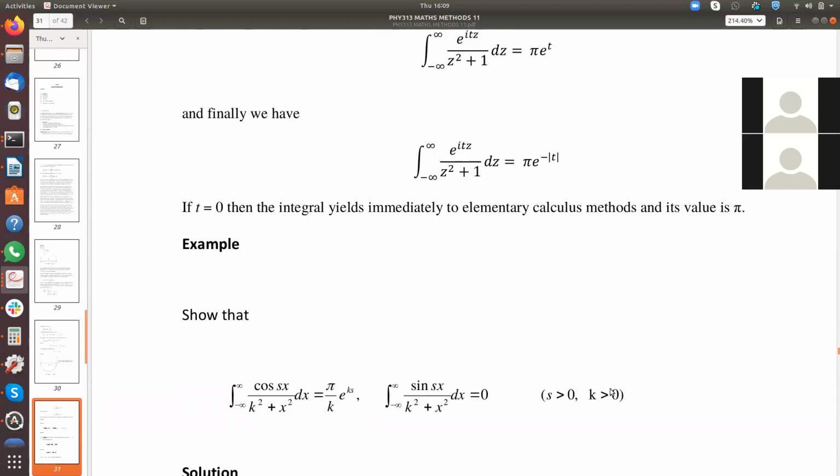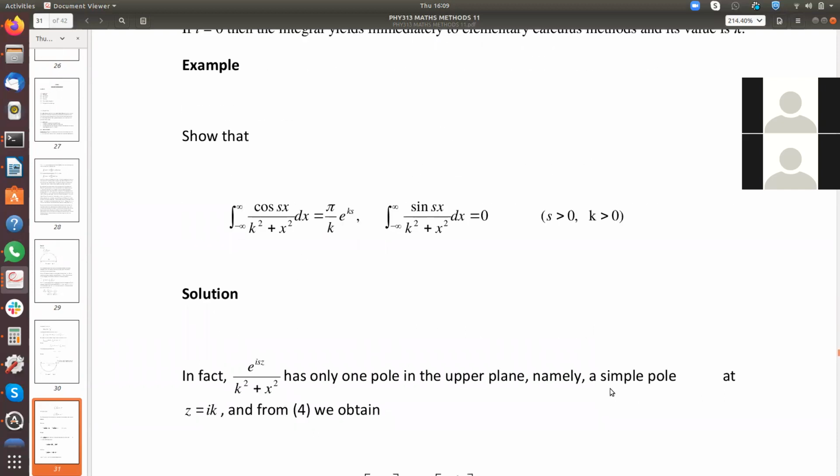Now let's look at a more robust example. It says show that the integral from negative infinity to positive infinity of cos x over k squared plus x squared dx is equal to pi over k exponential minus k, when k is greater than 0. Now look at the solution.